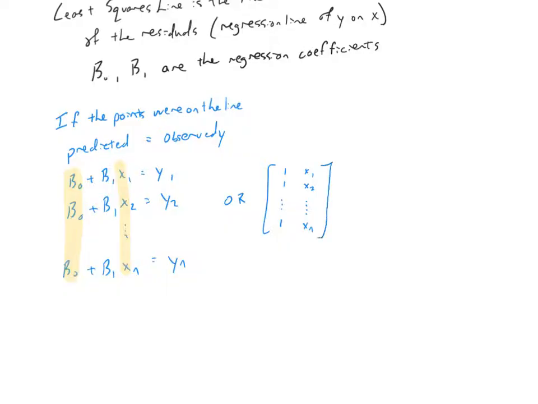And then the second one is those variables, the unknowns, b0 and b1, and that is equal to y1, y2, through yn, right? So we take that system of equations and we can rip it apart and write it as a matrix equation.